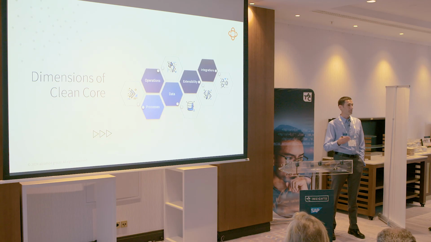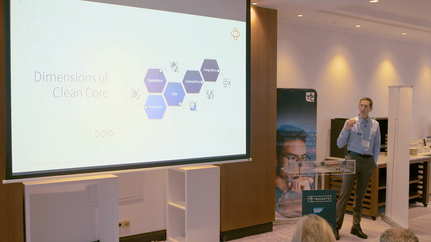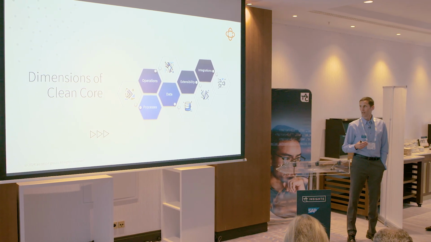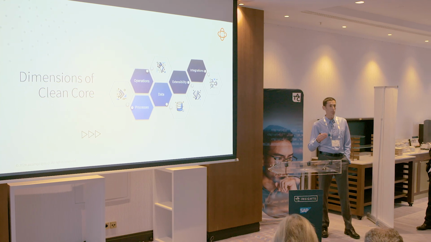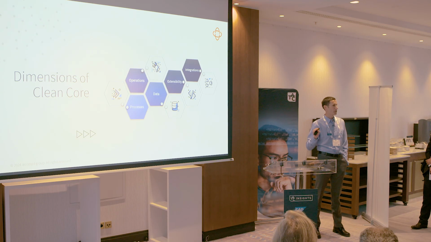Also now with AI, I know everyone's talking about it, but one of the key things with AI is good data, right? So if you allow your data to get dirty over time, or even at the beginning of the project you don't put that time in to clean that data, you're way off clean core. And if you notice, almost everything I've said, minus the extensibility, has been part of your implementation process with SAP from the beginning.